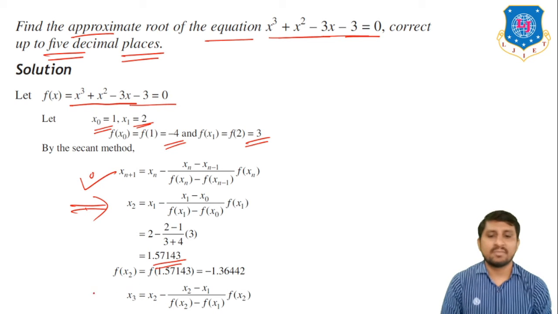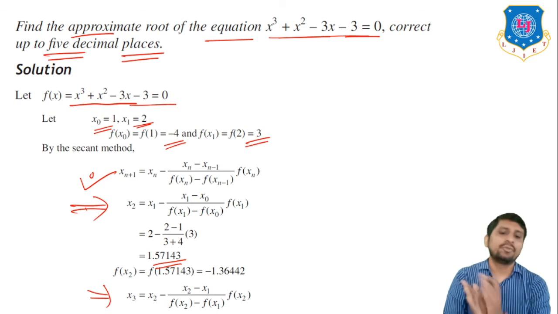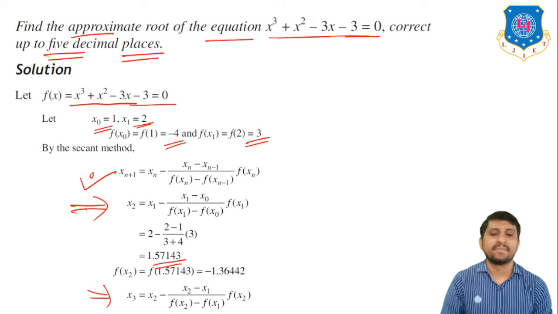Now the next approximation is x3. When we find x3, we have to use x1 and x2, and we have all these values: x1, x2, f of x1 and f of x2. So x2 minus x1, f of x2 minus f of x1, and f of x2.